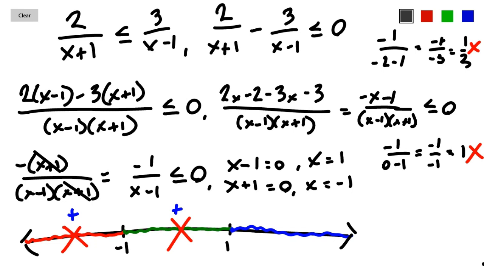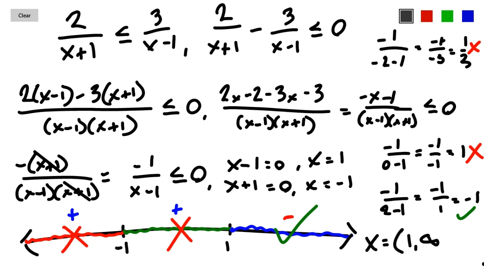So I'm going to plug in positive 2 here. So I have minus 1 over 2 minus 1, which is going to give me a minus 1 over 1, which is negative 1. And this, in fact, is less than 0. So since we have a negative value for this interval, this one checks out. So our solution set is just the blue line on the number line here, which is going to be denoted by 1 to infinity.